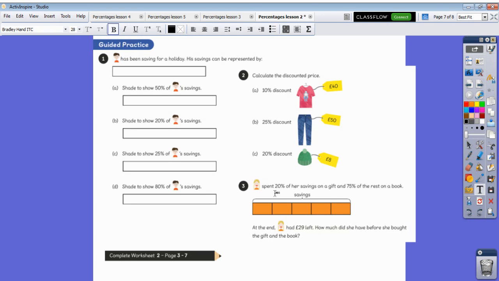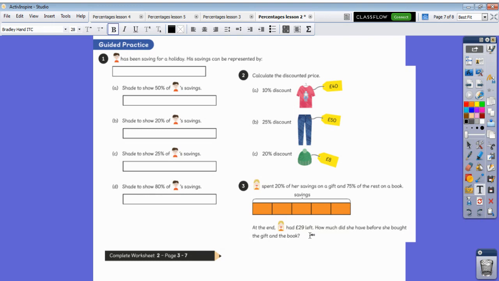For your final question, it says the girl spends 20% of her savings on a gift and 75% on the rest on a book. At the end, she had £29 left. How much did she have before she bought the gift and the book? Okay, so you've got to calculate how much she spent on the gift and the book.